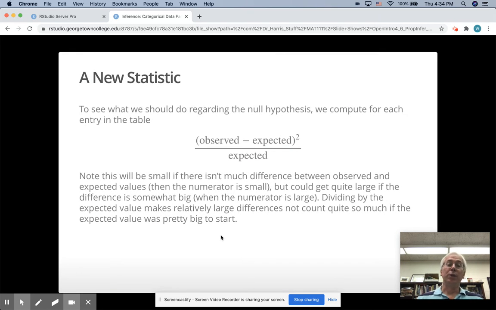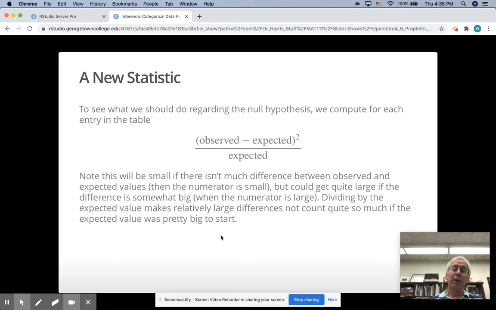And so what we can do for each cell in the table is compute this quantity, observed minus expected, squared, divided by expected. So let's think about this. If the variables truly are independent of each other, then we shouldn't expect that much difference between observed and expected.